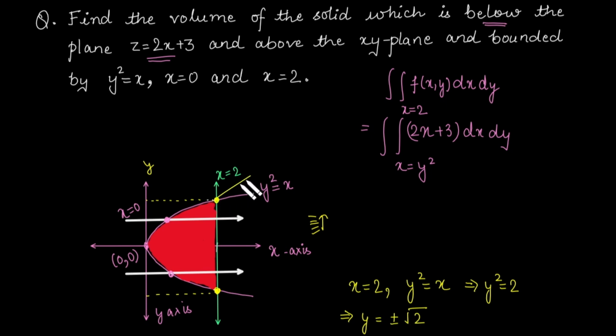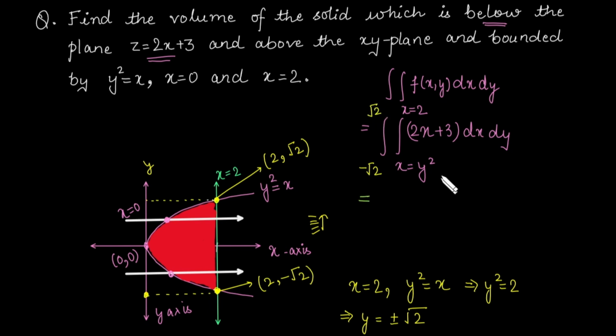Clearly, this point is x equal to 2 and y equal to root 2, whereas this point is x equal to 2 and y equal to minus root 2. Now we can calculate the limit values of y. The lower limit is the minimum value, and the minimum value of y is minus root 2. And the maximum value of y in this case is root 2.